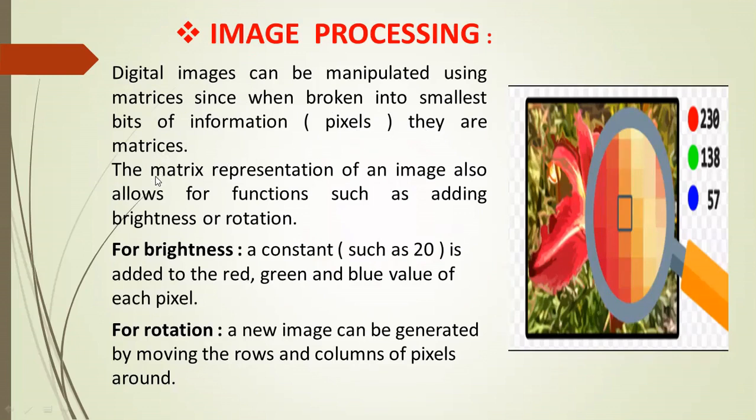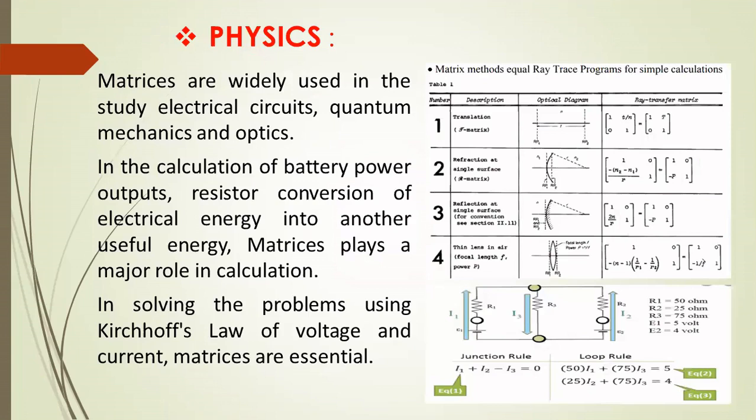To add brightness to an image, a constant is added to the red, green and blue values of each pixel, and for rotation a new image can be generated by moving the rows and columns of pixels around.